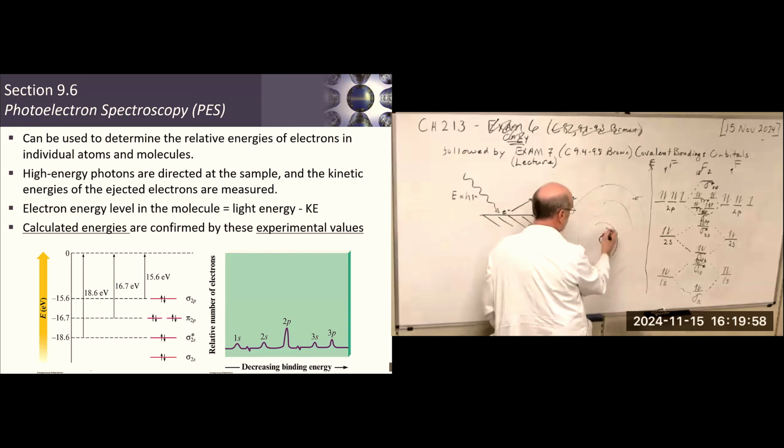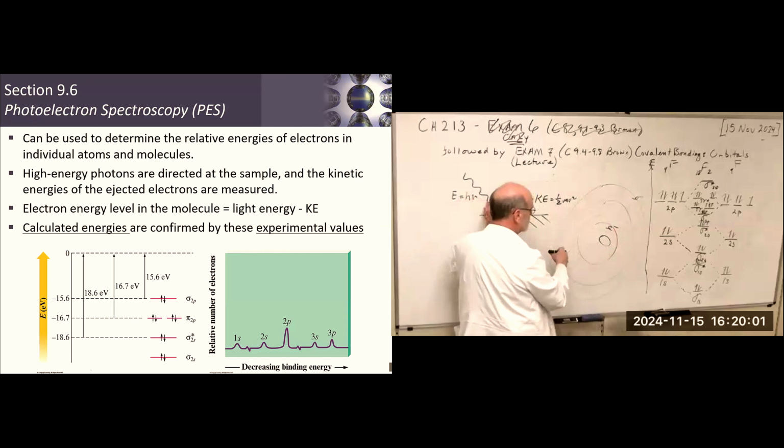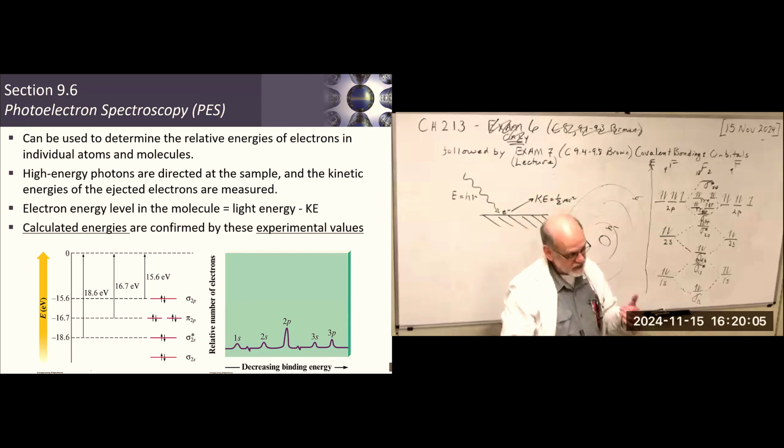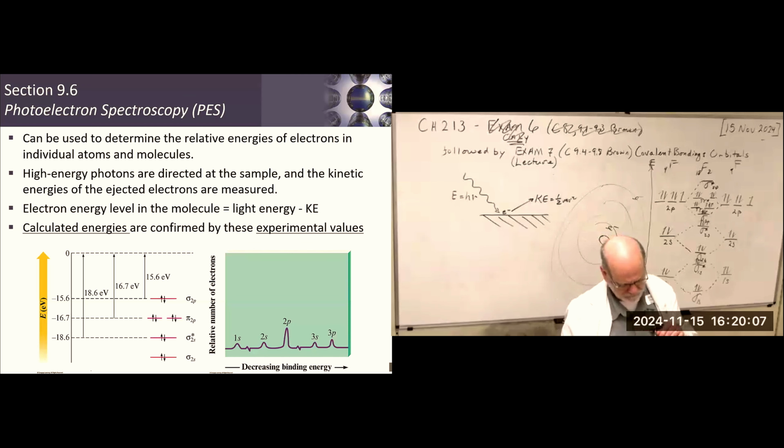If it's in one of the inner orbitals, it takes a lot more of that energy to get it loose, then the kinetic energy is lower. So that spectrum is showing you that for the lower energies in the molecular orbital, it takes more energy to get it loose, and we can measure only a small amount of kinetic energy.